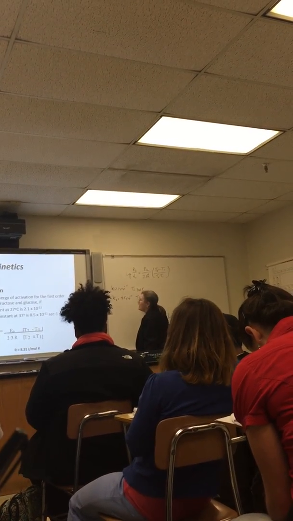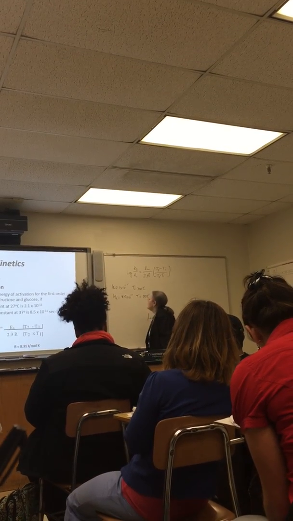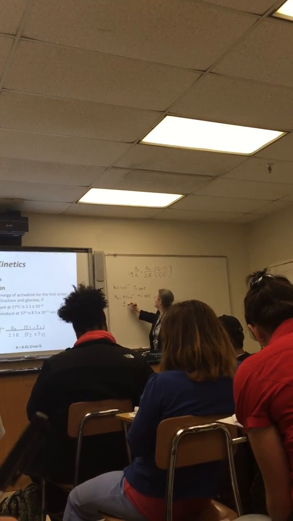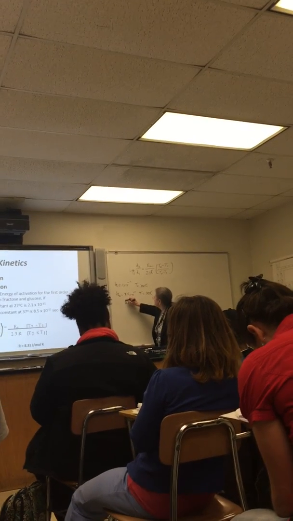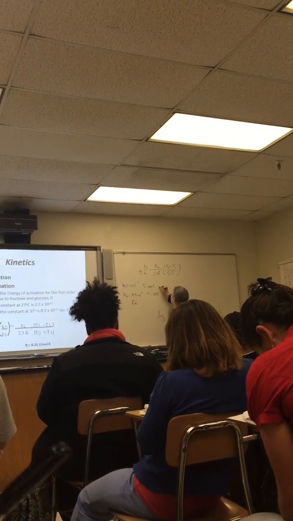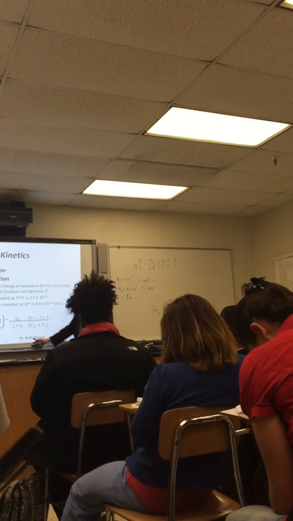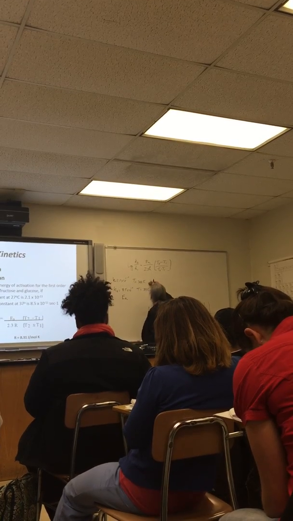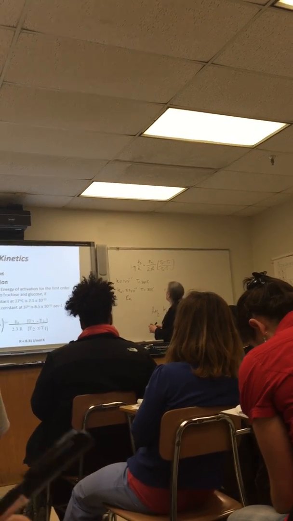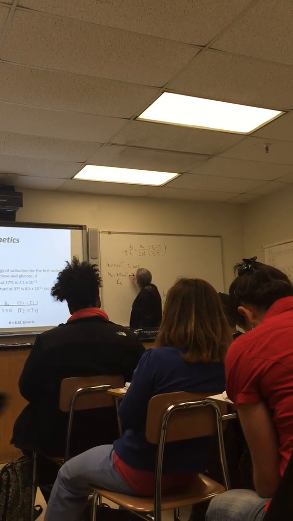When the temperature now is going to be at 37, so 310 Kelvin. And I want to find out the energy of activation. They're both per second. Okay, so that's something that should be written in, and it would be written in an actual problem per second.